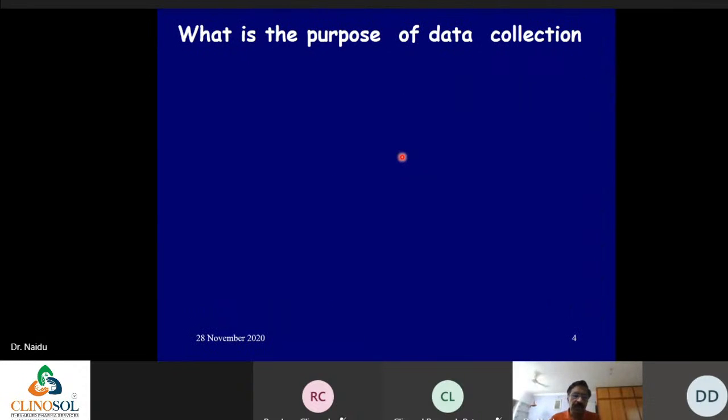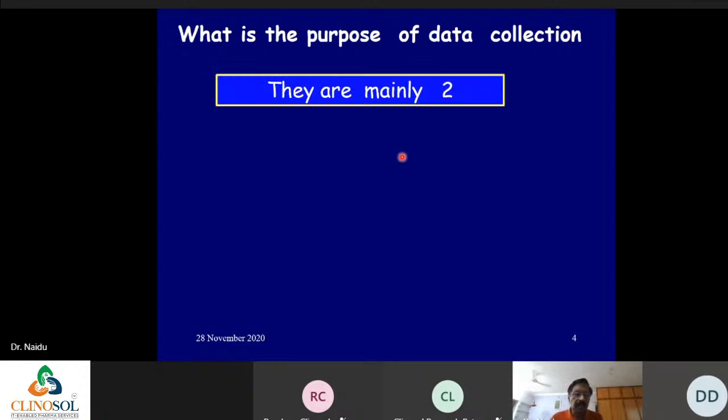Now, it is very important for us to understand the purpose of collecting data in the case record form. There are so many, but if you really go into the main thing, there are two main important purposes.